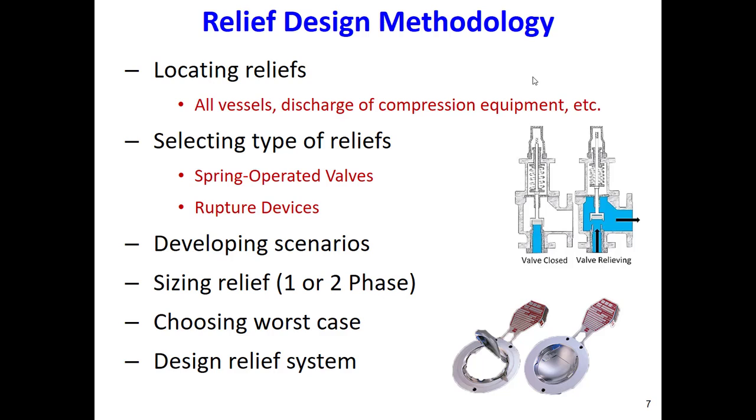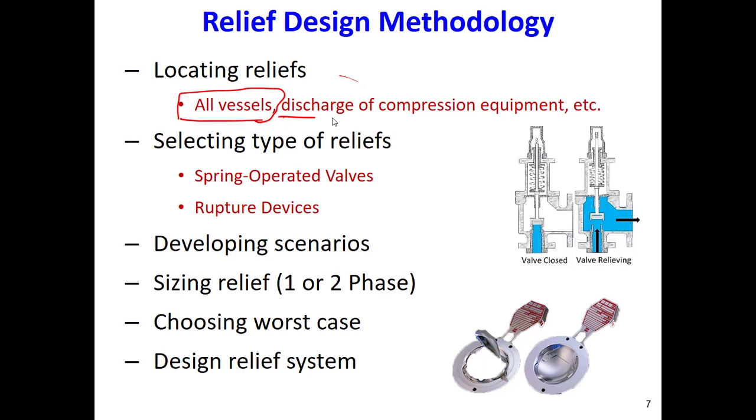Then, how do we design such a device, such a relief valve? First of all, where do we put them? All pressure vessels, or even vessels that are working a little bit above atmospheric pressure, need to have such valves.